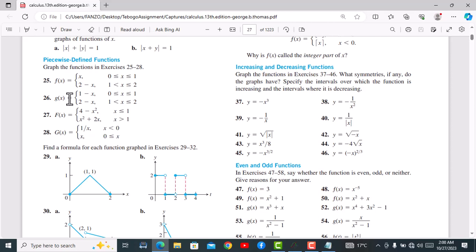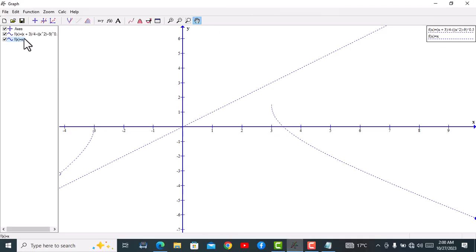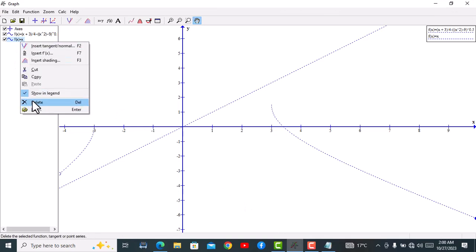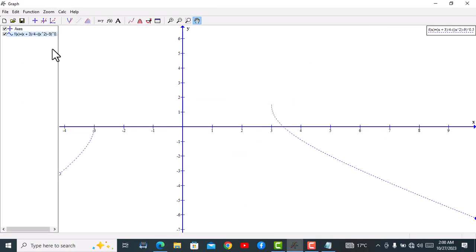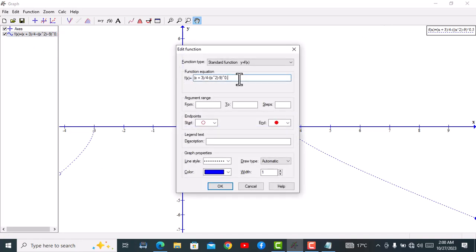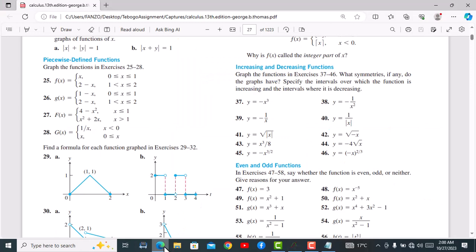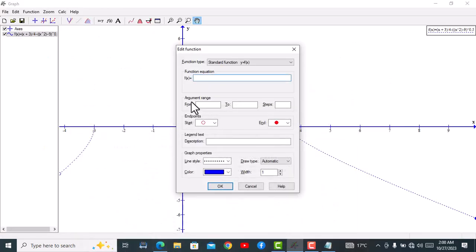So let's try to specify this on this graphical representation. So let me just get rid of this and also modify this one. So I have a function here, y equals x.